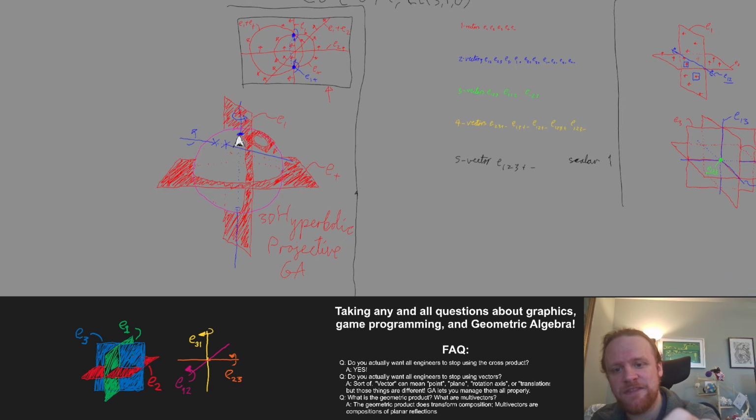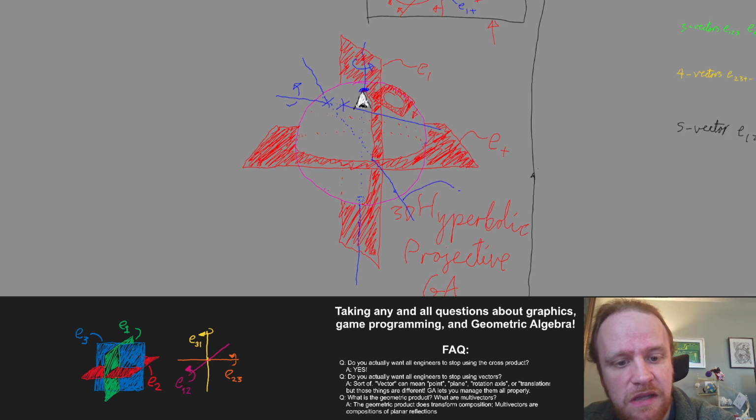This sphere, like I said, is not included as an element of the algebra. You feel its influence when you look at how things transform in hyperbolic space or under this algebra, but it's not E+.